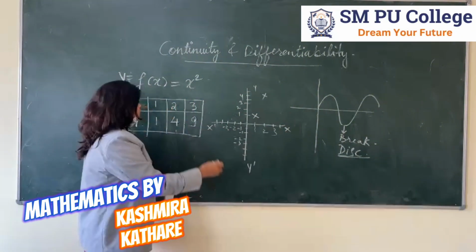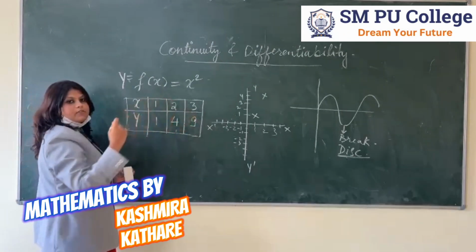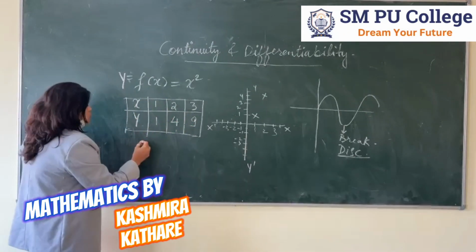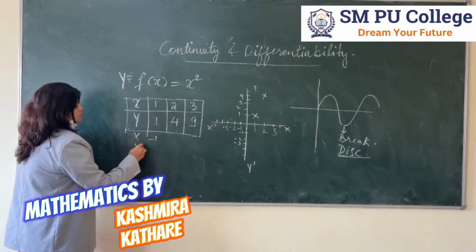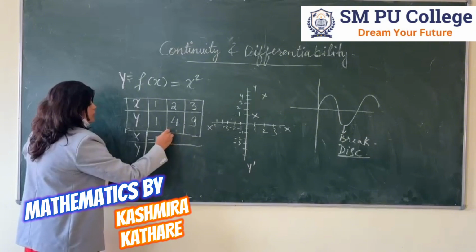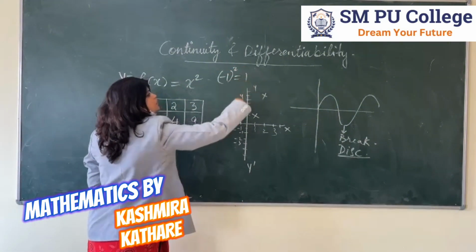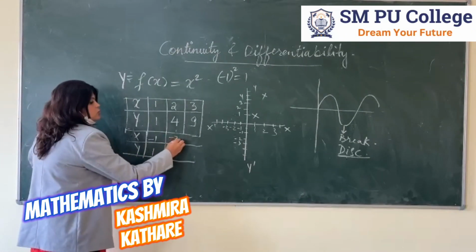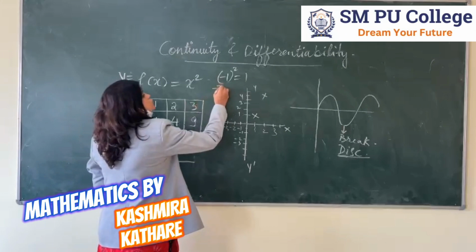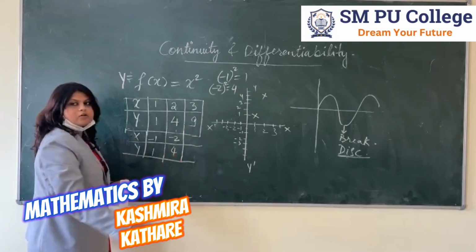Same thing if we go with the negative values, because we have negative values also in the Cartesian form. If we take minus 1 as x, what is y? Obviously minus 1 whole square is plus 1, so y will be 1. If we take minus 2, minus 2 whole square is 4, so the y value will be 4.